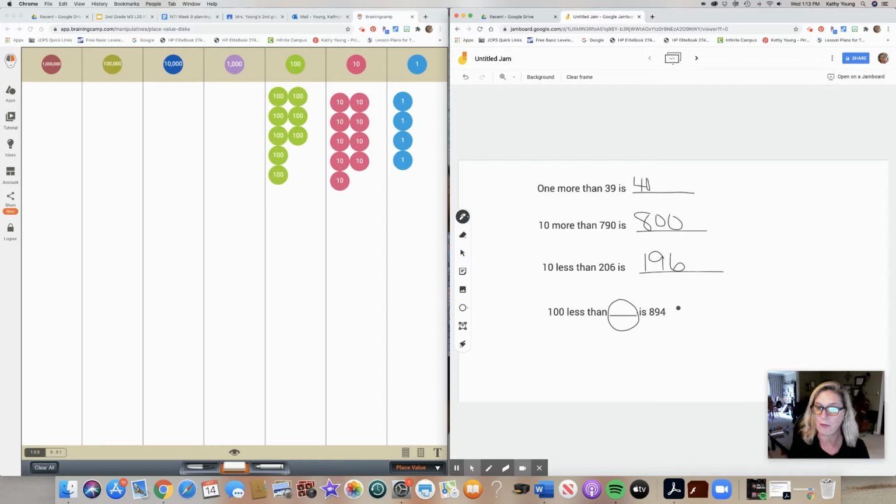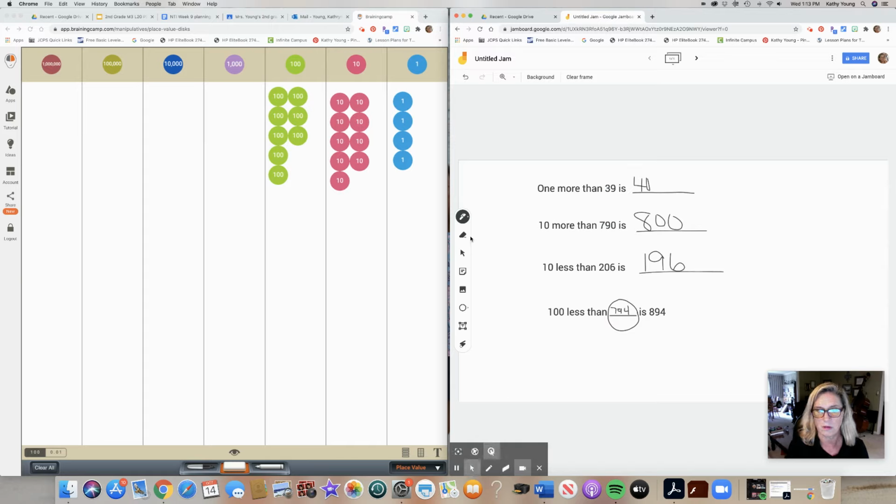Do I need to take 100 away from 894 because it says less? So let's do that, and let's just do a little fill in and see if that works. So if I take away 100 from 894, and if I say 100 less than 794 is 894, no, because 100 less than 794 will be 694. So that's not correct.